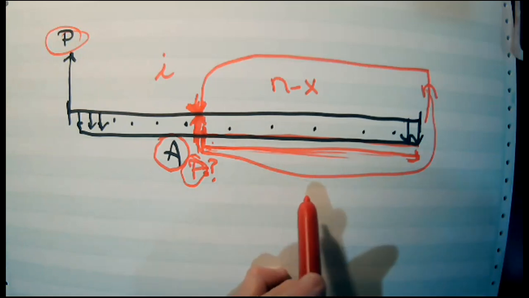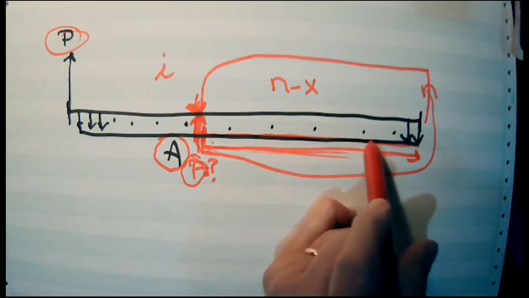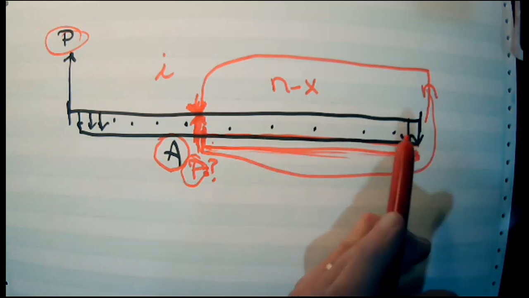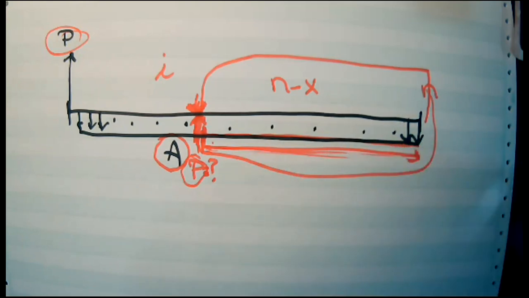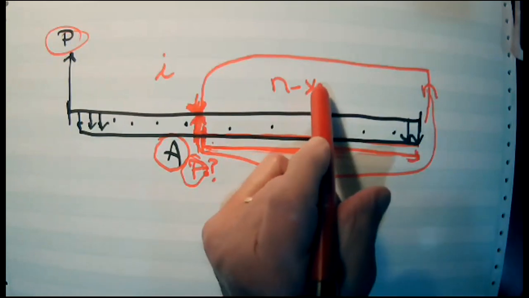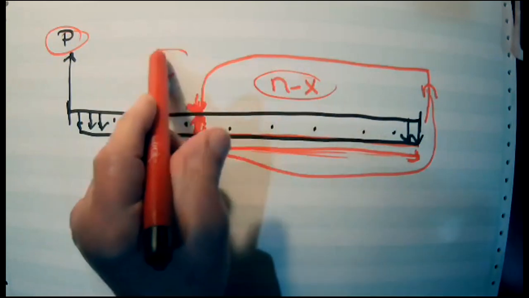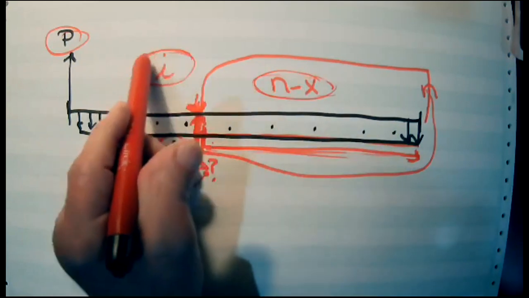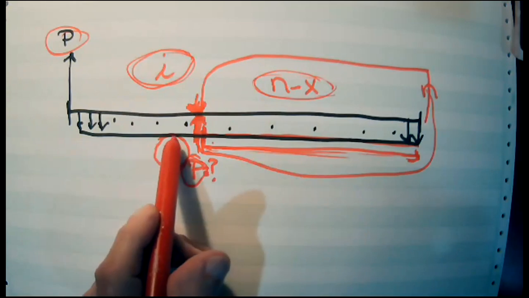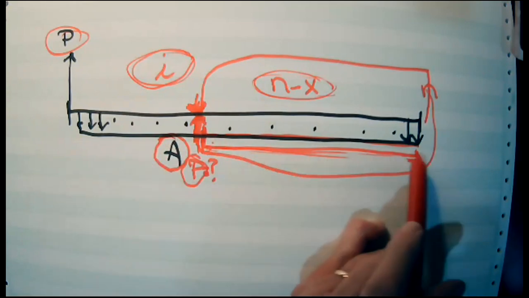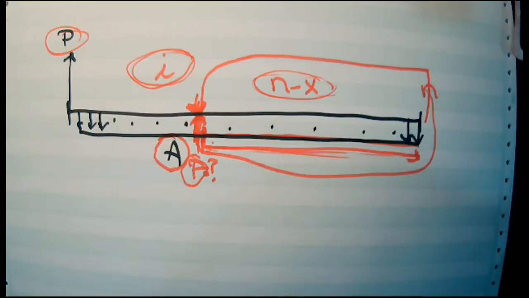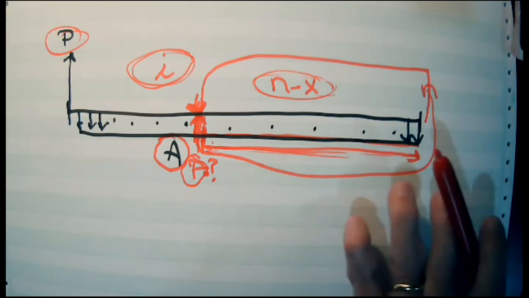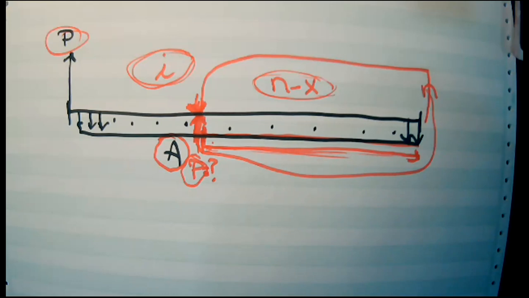So all we have to do is take our monthly payment, and say there are N minus X of those. We know what the interest rate is. So that's the number of periods and the interest rate. Here's our A. We know what A is. It's that monthly payment. And we're looking for the present value of those. So that's the picture, if you will.